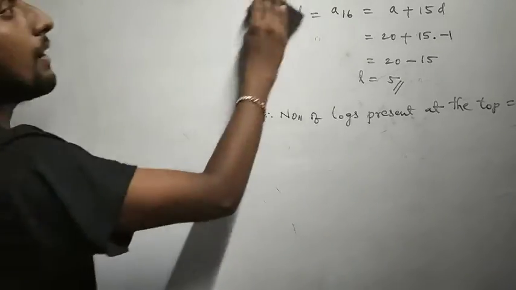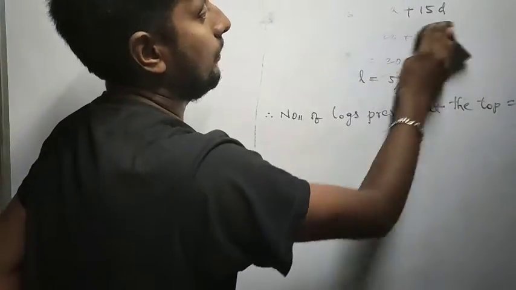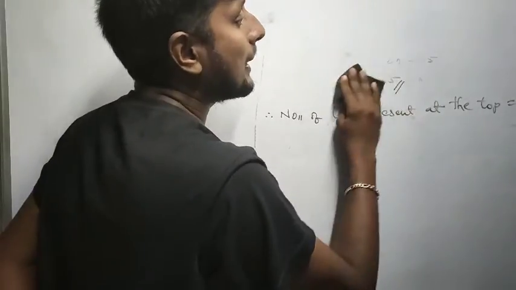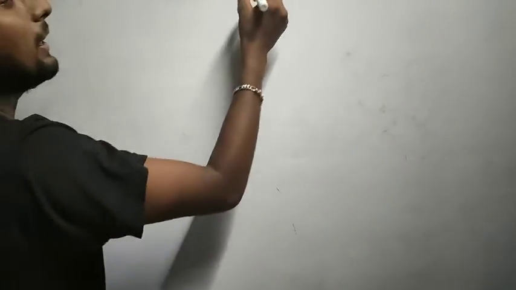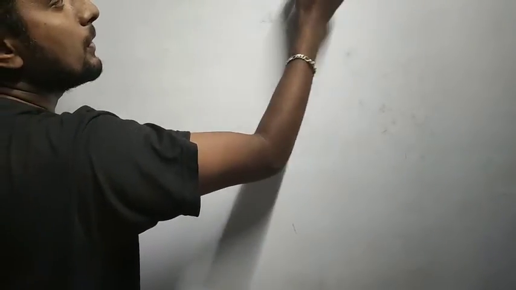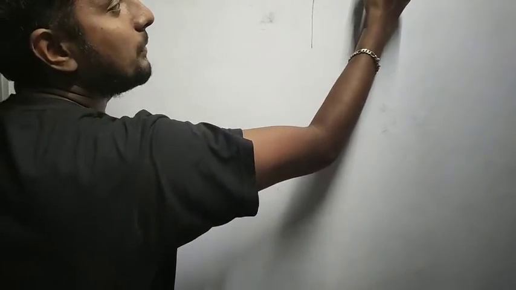So until now we discussed arithmetic progression. Now we'll go with one more progression, that is geometric progression. Until now we discussed AP, and now we are talking about GP.